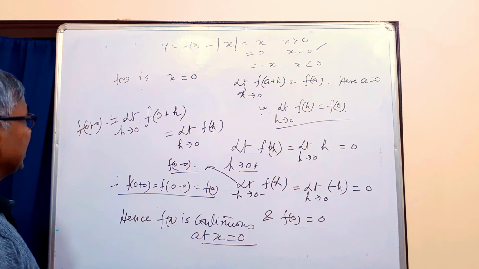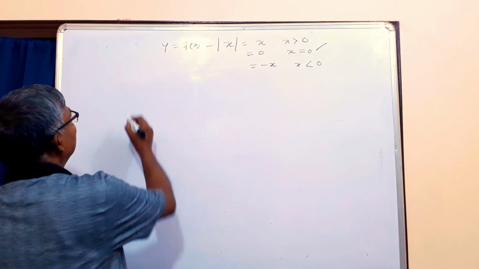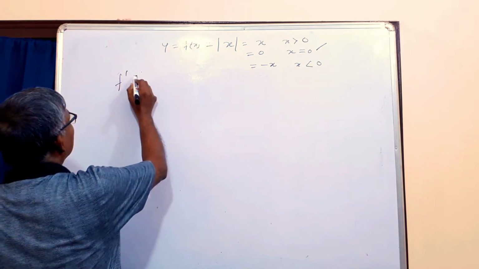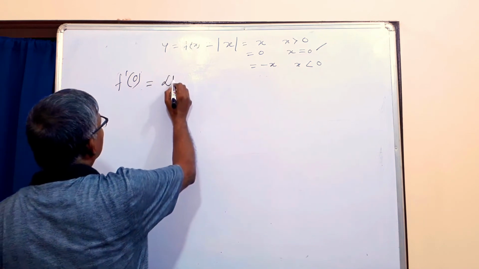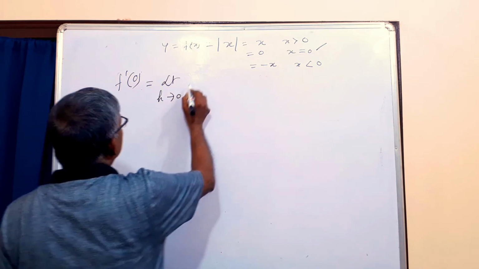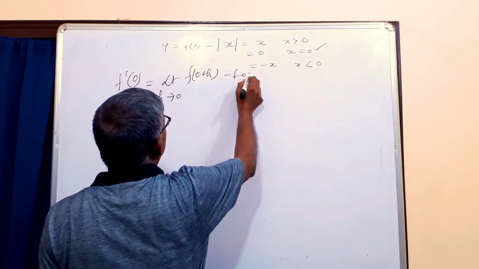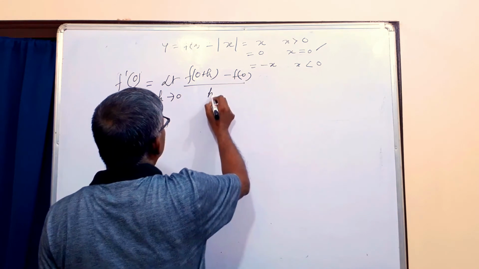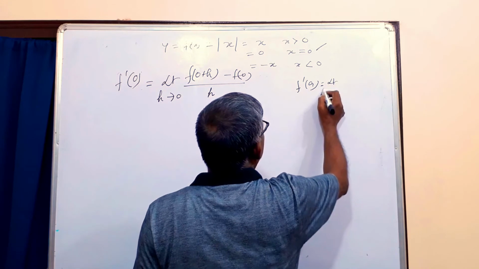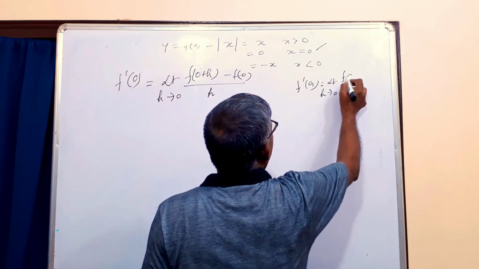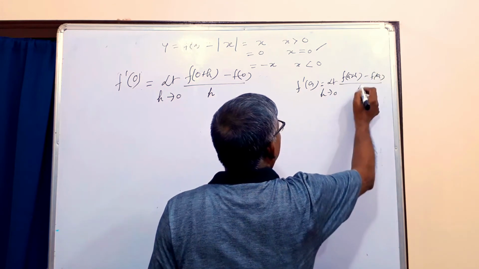Now let us check whether the function is differentiable at x equal to 0 or not. Let us find the value of f dash 0. What does it mean? Limit h tends to 0 of f of 0 plus h minus f of 0 by h, because f dash a equals to limit h tends to 0 of f of a plus h minus f of a by h.